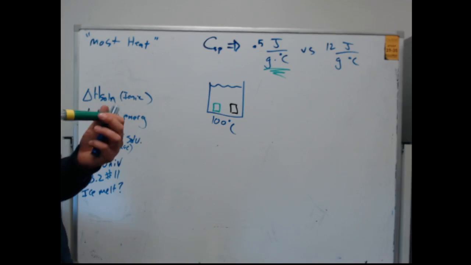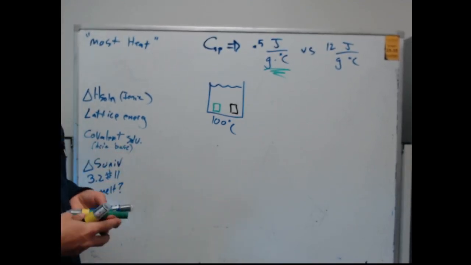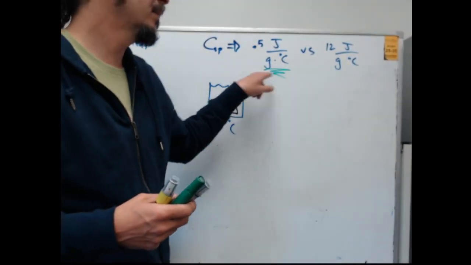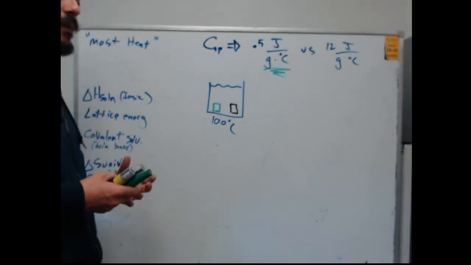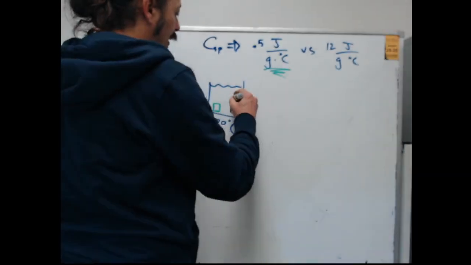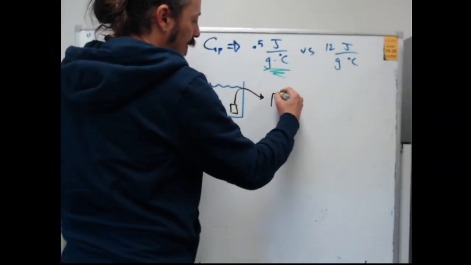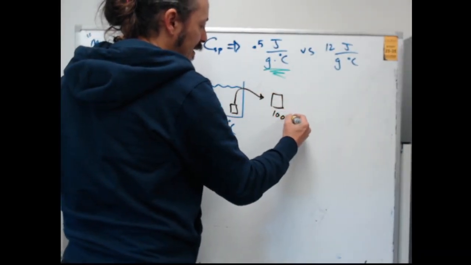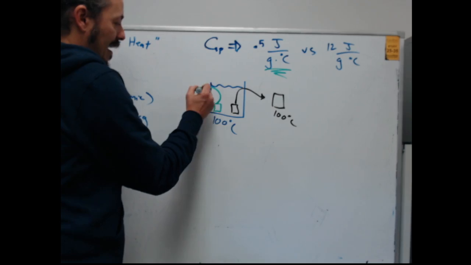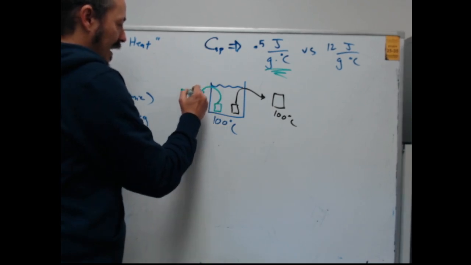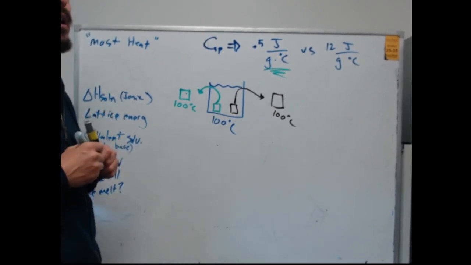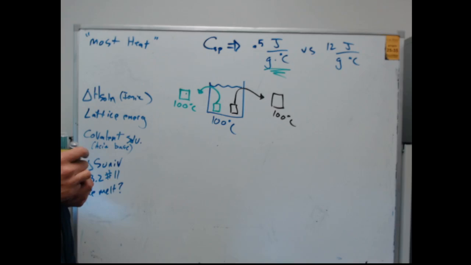If these blocks are the same mass, but different sizes, so their grams are the same, and they're both at 100 degrees Celsius, then when I take them out of the water, each block is at 100 degrees Celsius. Which one is carrying more energy with it?